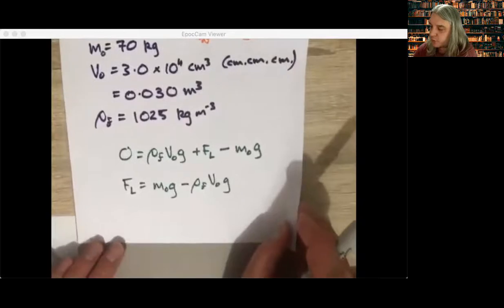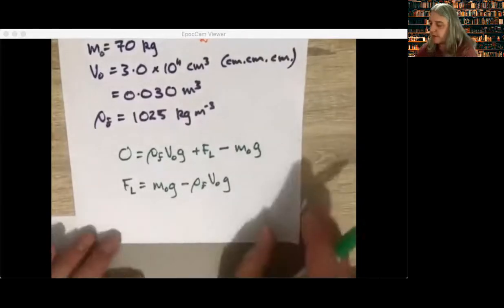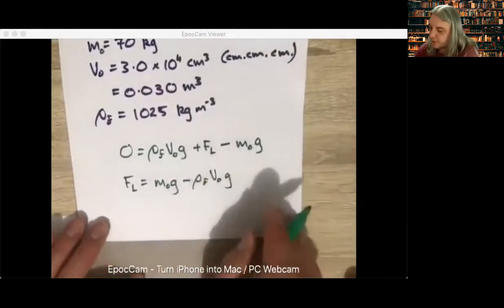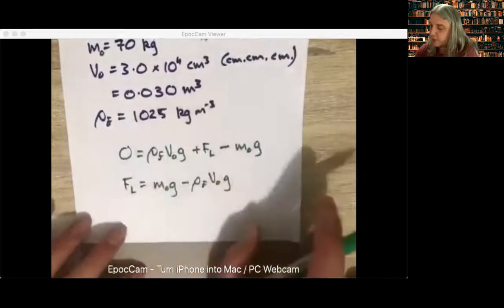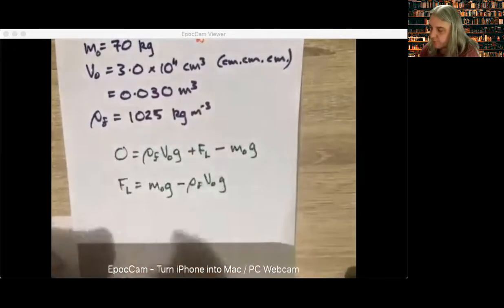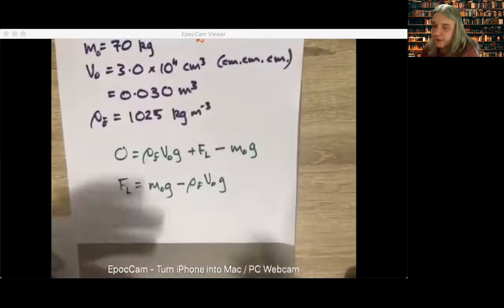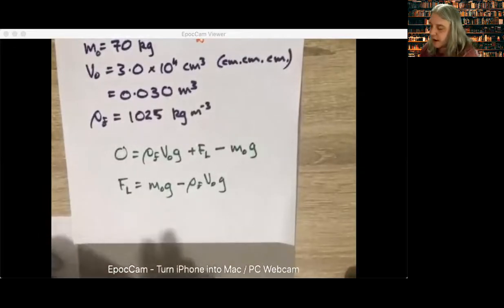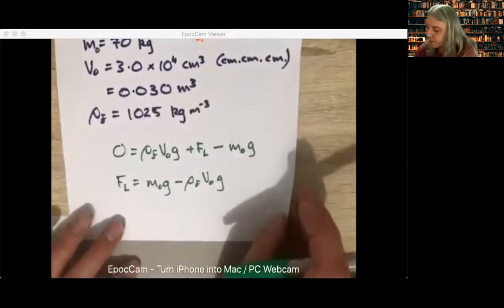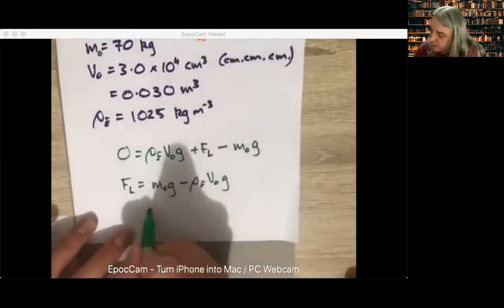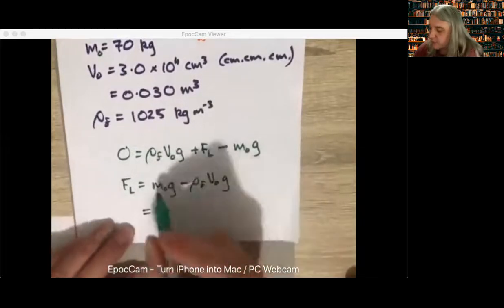But as I've said multiple times, that does introduce room for error, whereas this way you can just rearrange everything into a single calculation, and it removes any chance for A, typing the wrong equations in to the calculator, or B, rounding errors that do arise. So we can now do one calculation with this.